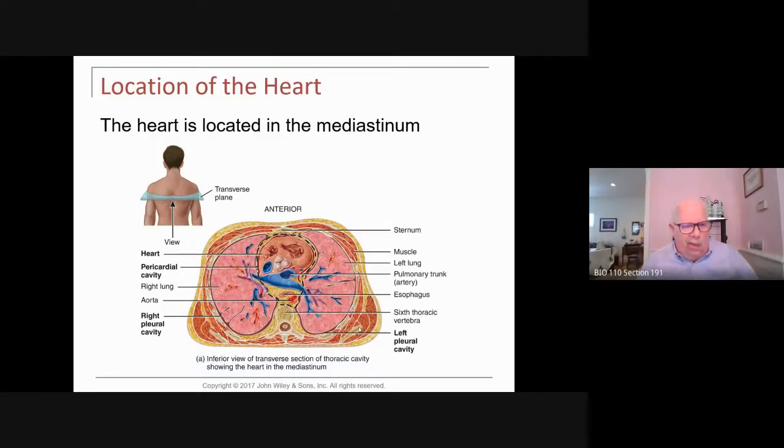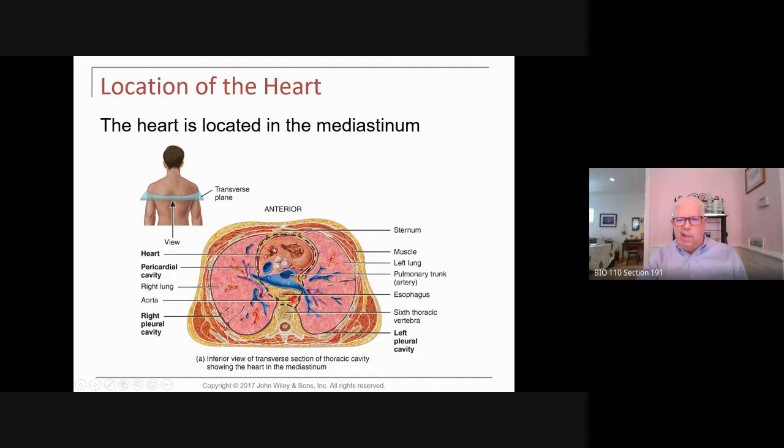All right. Where's the heart? Well, the heart is located in the mediastinum. It's actually in the middle mediastinum. It's in the middle, between the two lungs, and sits in a cavity called the pericardial cavity, which we will discuss further.